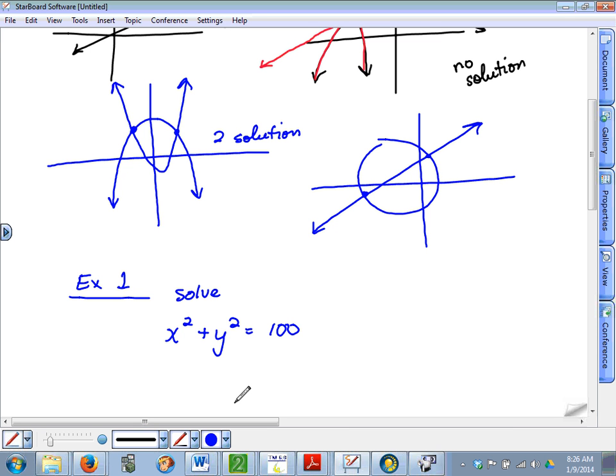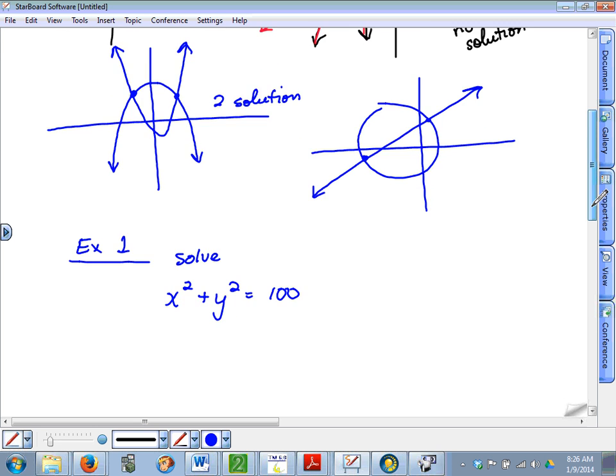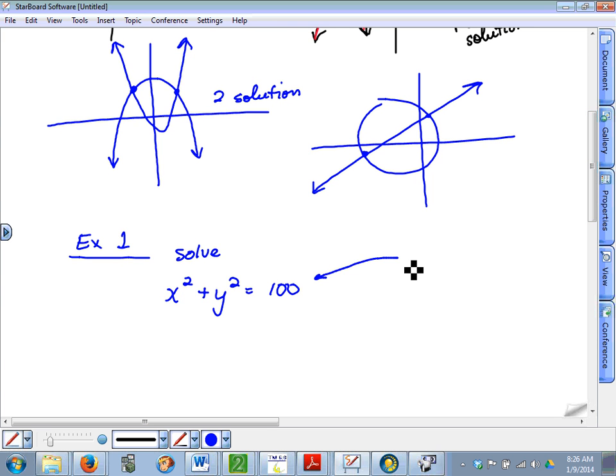Circle. It's a circle. Don't you remember anything from geometry? If it has 2 squared variables, it's either a circle or an ellipse. We're going to learn about that later on. Anyway, this is a circle with a radius of 10.